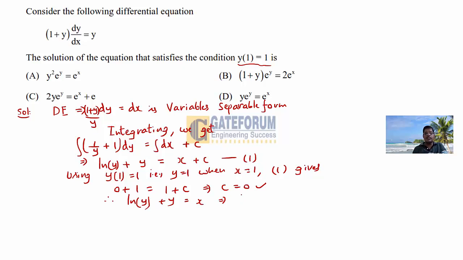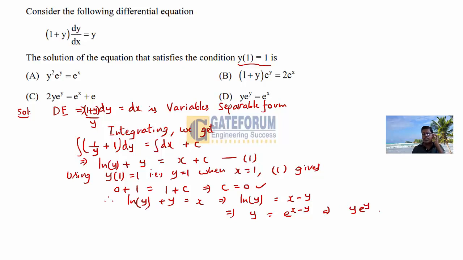Shift y to the right side, which can be written as log of y is equal to x minus y. Eliminating logarithm, so this is y is equal to e to the power x minus y. So e to the power x minus y is not in the option. E power x minus y can be written as e power x into e power minus y.